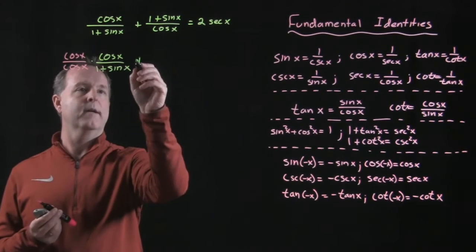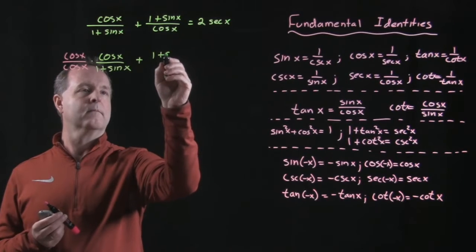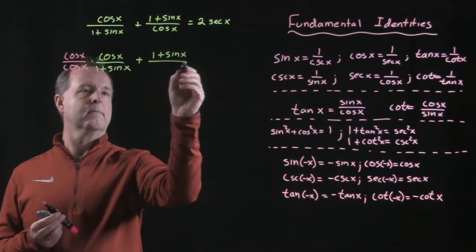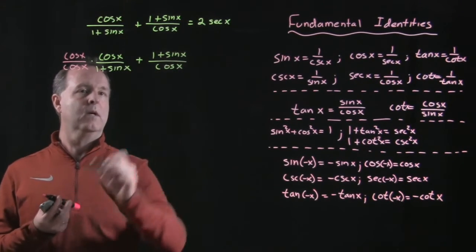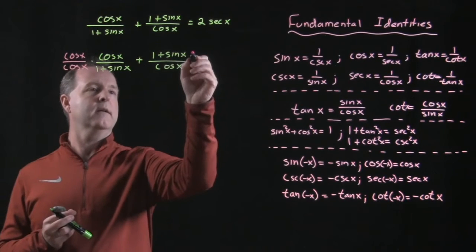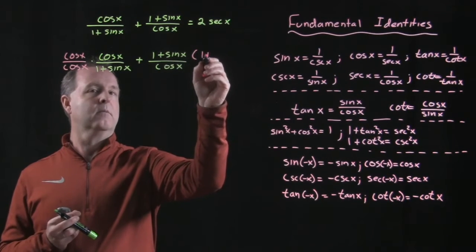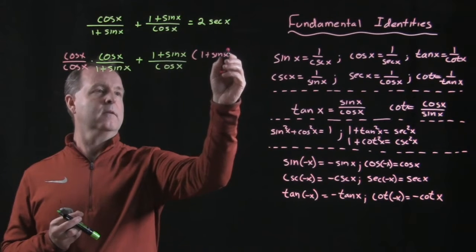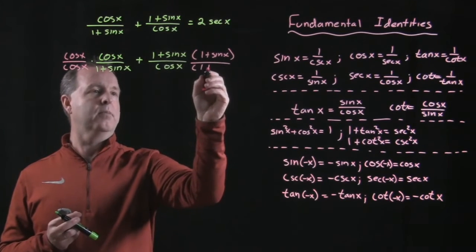And then on the second one, multiply that by 1 plus sine x all over 1 plus sine x.